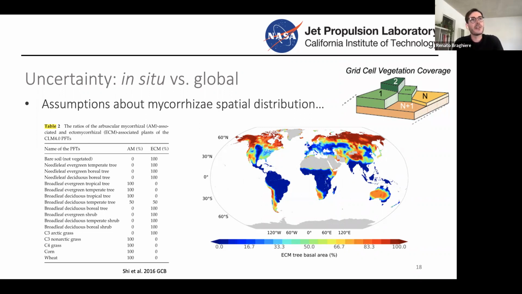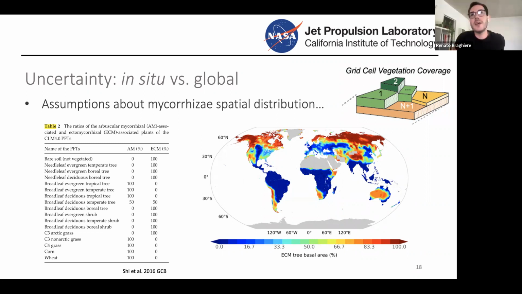Well, there's this consensus, I think from a paper published in 1991 showing the first global map of mycorrhizal spatial distribution. There's this general consensus that the extratropics are mostly dominated by ectomycorrhizae, while the tropics are mostly dominated by arbuscular mycorrhizae.